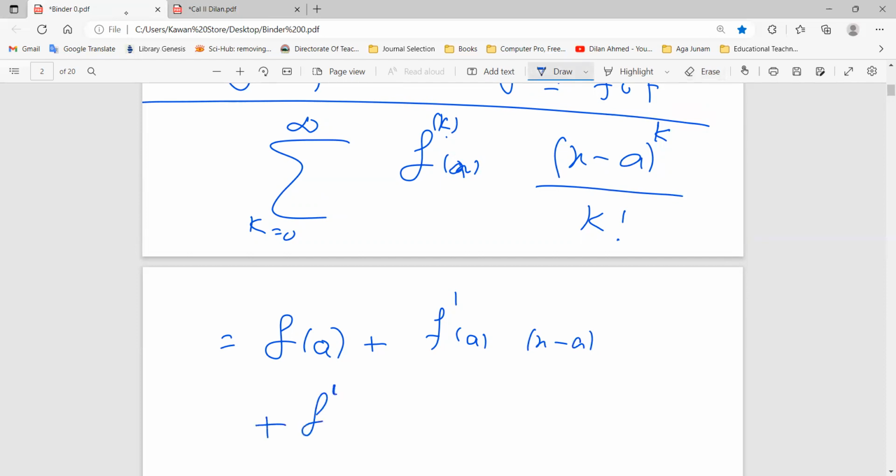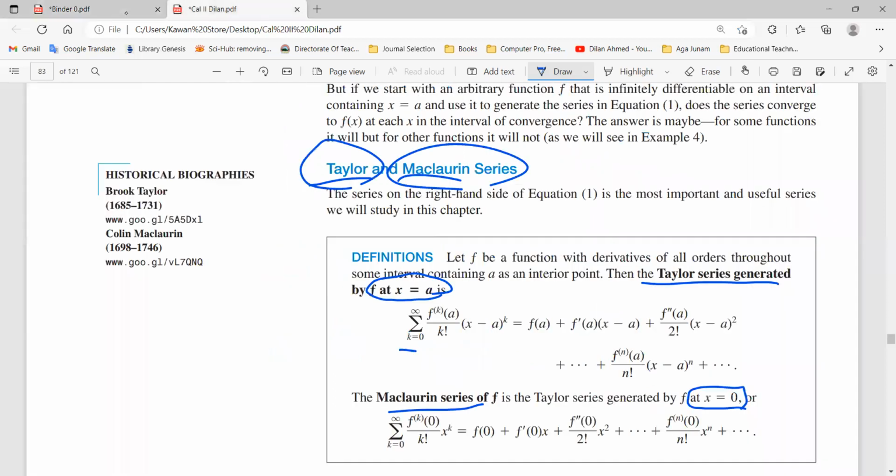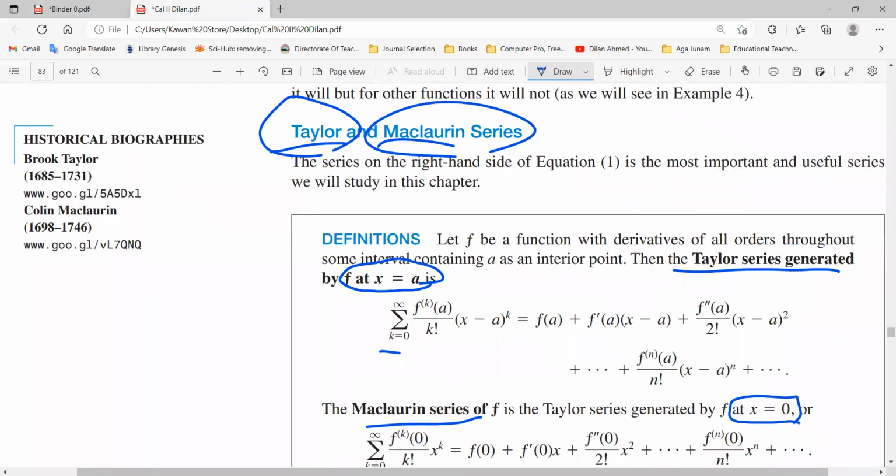You will get the second derivative at a times (x minus a) squared over 2 factorial, and go on. The third: f triple prime at a, (x minus a) cubed over 3 factorial, and go on. Now you understand the formula, right? Do you have any question?